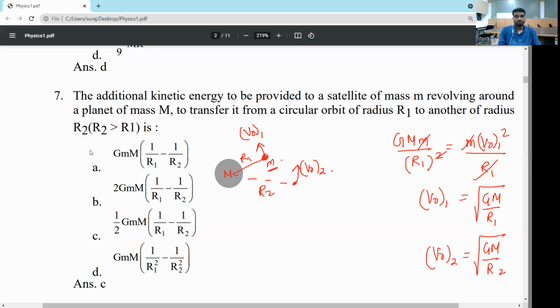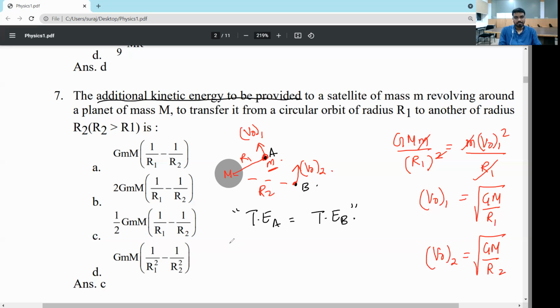Fine. Now I got v01 and v02. Now what to do? They are asking the additional kinetic energy to be provided. I want how much kinetic energy to be provided. What do you do? Conservation of energy. At A and B, the total energy at A should be equal to total energy at B. Same kind of concept we have used to find the escape velocity. Total energy at A is how much?